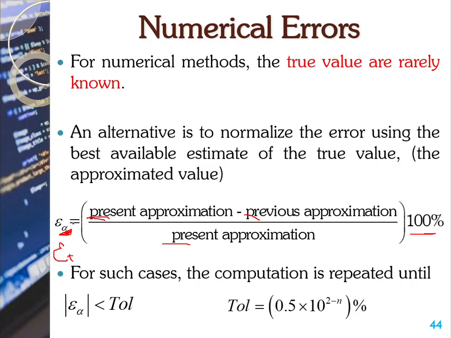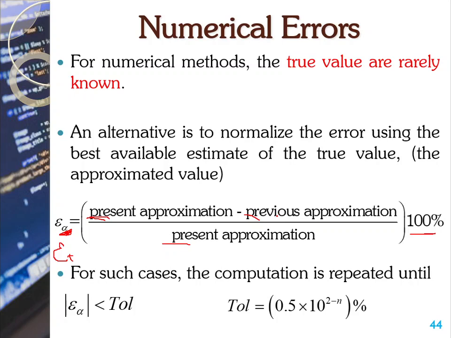If you try to estimate this error, about two things can occur here. One, if your previous approximation happens to be greater than the present approximation, we are going to end up with a negative value for the error. In the same way, if your present approximation happens to be greater than your previous approximation, then we are going to get an error which is positive.